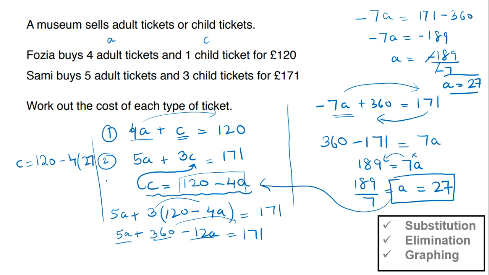It's 108. So I'm just going to write c is equal to 120 minus 108, and 120 minus 108 gives me 12. So c is equal to 12. This basically means that the adult ticket costs £27 and the child ticket costs £12.